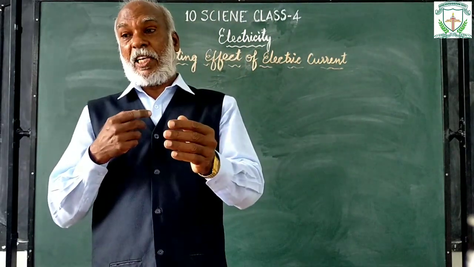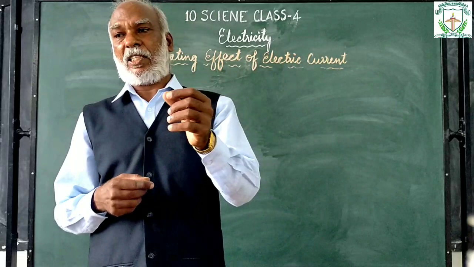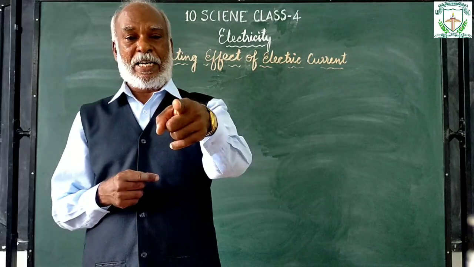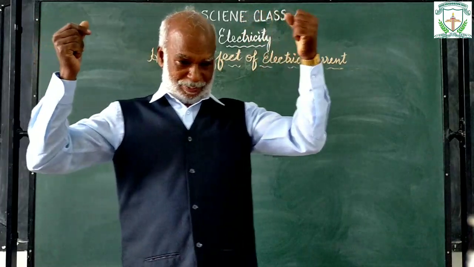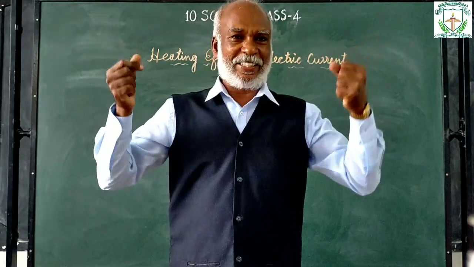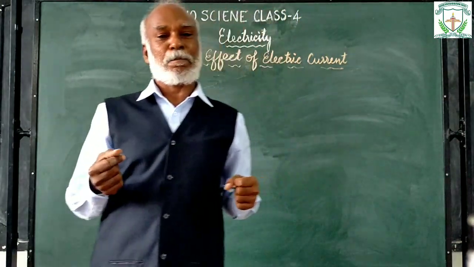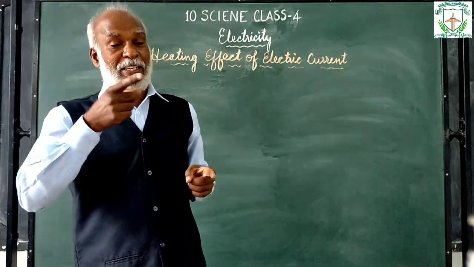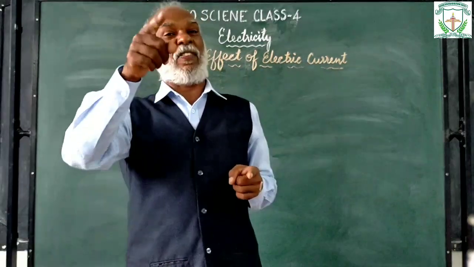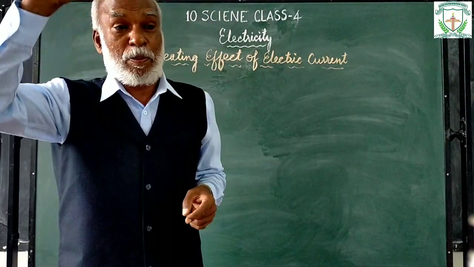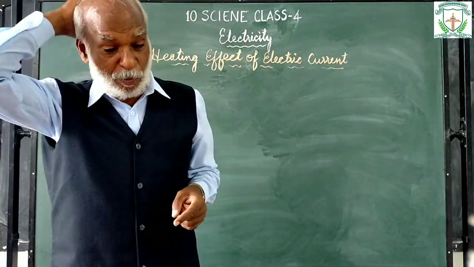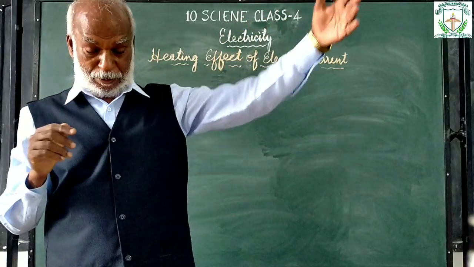When kinetic energy is transferred to the atoms, the energy of the atoms increases. The kinetic energy increases. This increase in kinetic energy is manifested as rising temperature. You learned all these things in your previous classes.